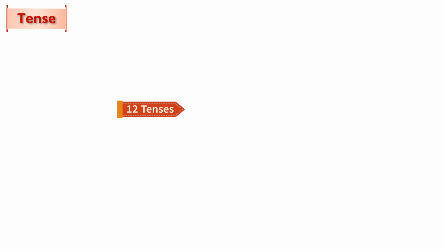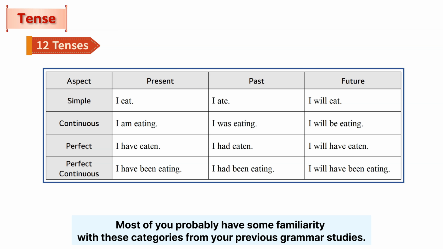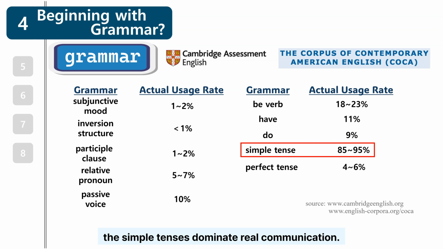As you can see in this chart, English has 12 distinct tenses, each expressing a different time relationship or aspect. Most of you probably have some familiarity with these categories from your previous grammar studies. However, when we look at actual usage in daily conversation, as explained in English Myths and Facts, the simple tenses dominate real communication.